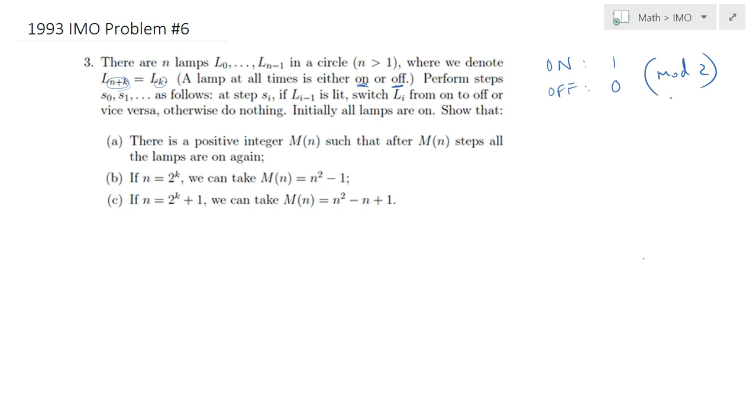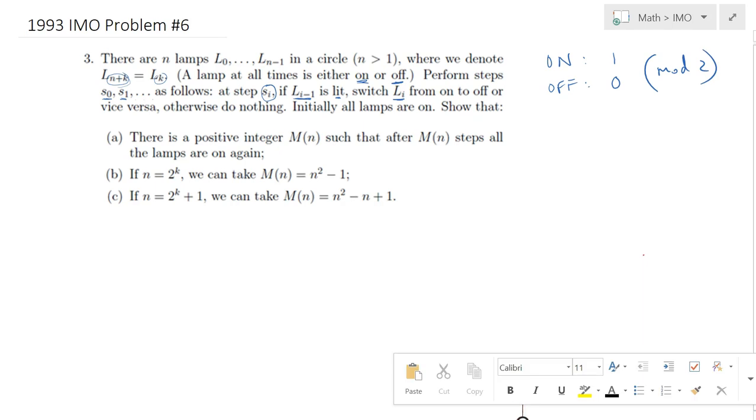Perform steps starting from lamp L sub 0 and in a continual manner such that at step S sub I you operate on lamp L sub I if and only if the previous lamp is on.